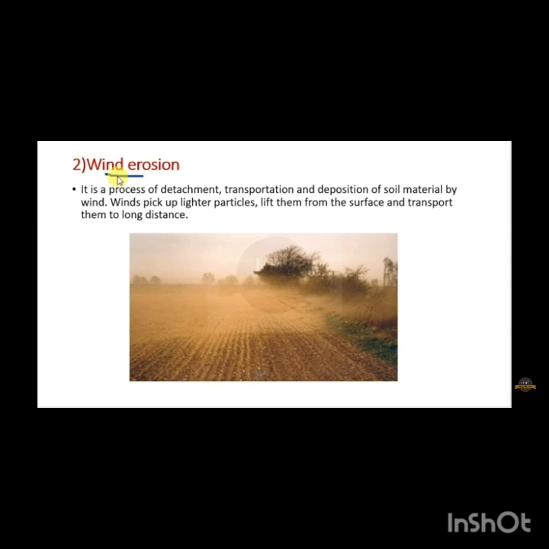Wind has a mass which requires energy, and due to this energy, when the wind blows over the surface or in the atmosphere, it detaches the soil particles from its parent material or the soil surface. And if we go with the definition, it is a process of detachment, transportation, and deposition of soil material by wind. Wind picks up the lighter particles, lifts them from the surface and transports them to a long distance.